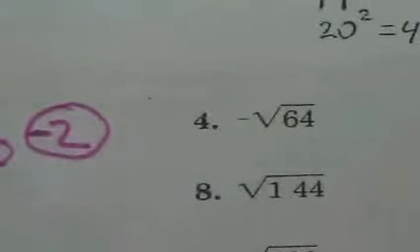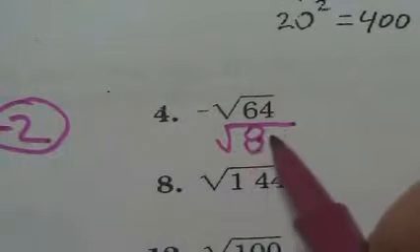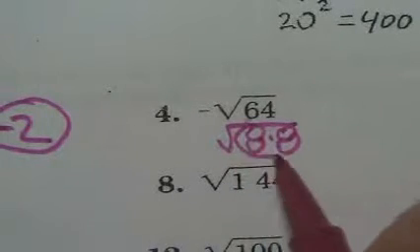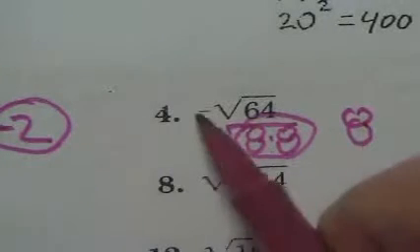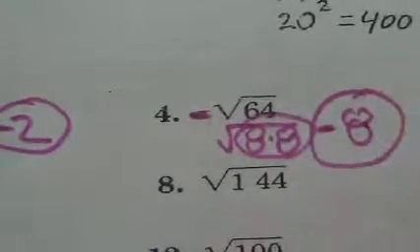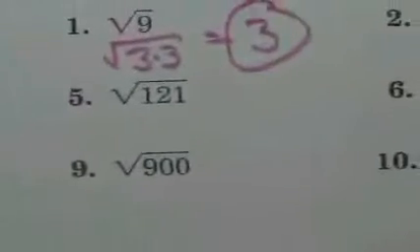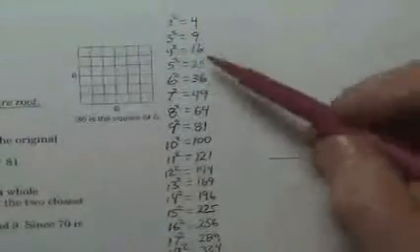Okay, and then the fourth problem, 64. Well, 64 is 8 times 8. So you have a pair of 8's that can jump out. So the answer is 8, but there's a negative in front, so it's negative 8. Okay, slide back over. Number 5. 121. Now, if you don't know your numbers very well, you can simply look over to the side, and you find 121.